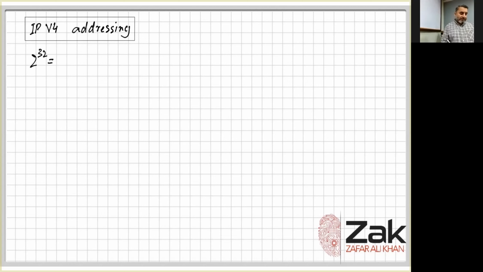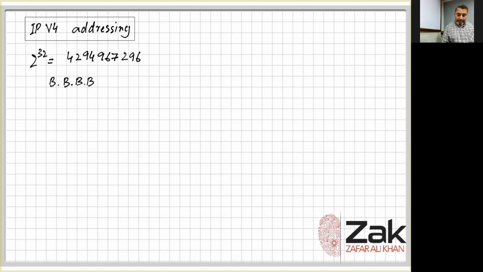which becomes 4 GB almost, 4,294,967,296 possible addresses. These 32 bits are split into four groups of 8 bits, thus giving a range from 0 to 255. For example, we have 8 bits, 1 byte here, then a dot, then a byte, then a dot, then a byte, then a dot, and then a byte.